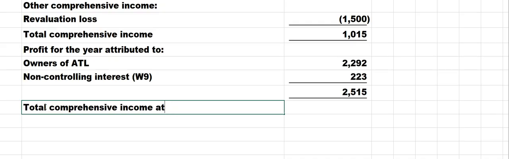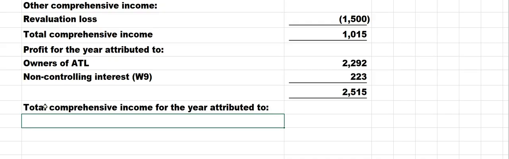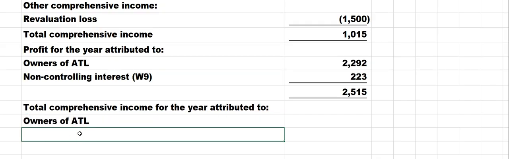Total comprehensive income for the year attributed to owners of ATL, and then to the non-controlling interest.